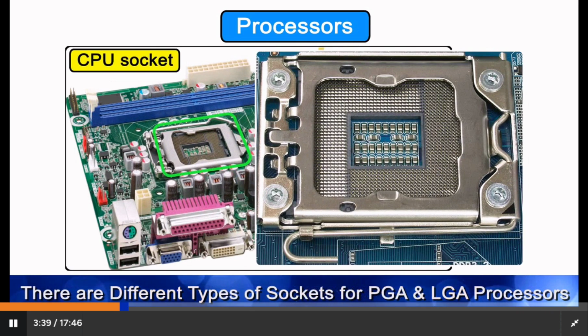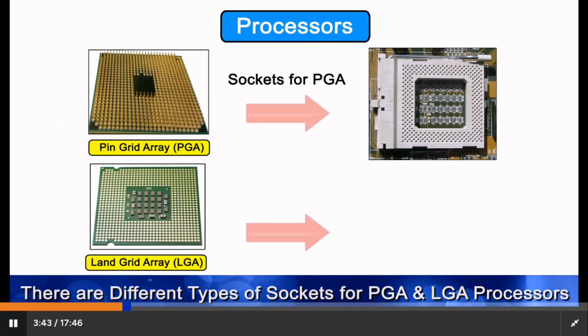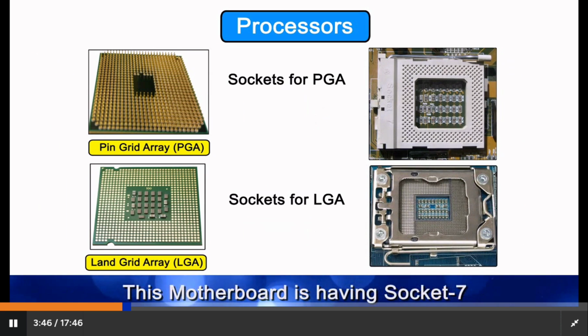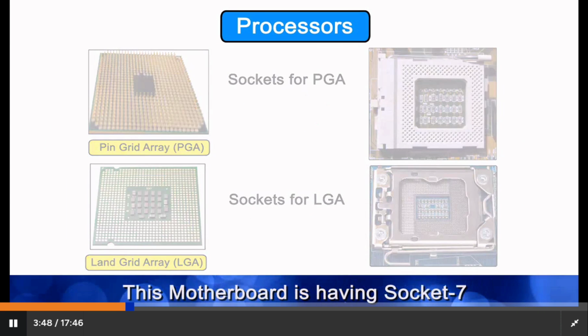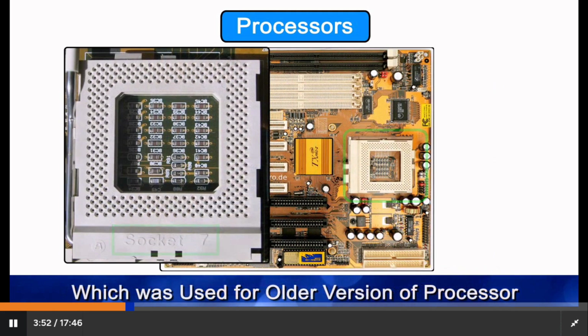There are different types of sockets for PGA and LGA processors. As you can see, this motherboard is having socket 7, which was used for older version of processor.